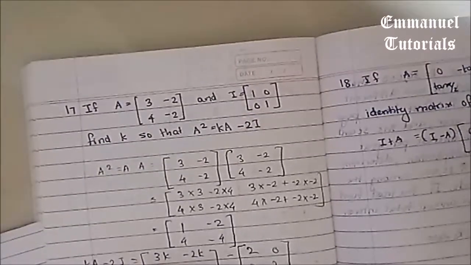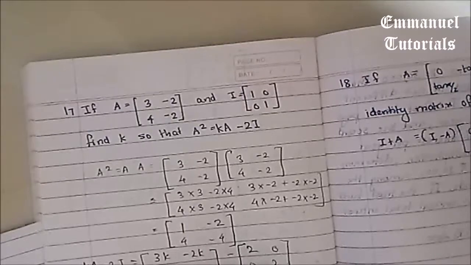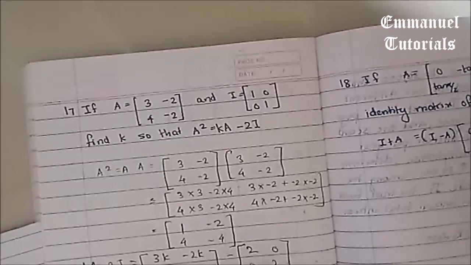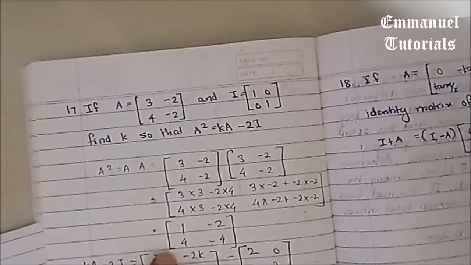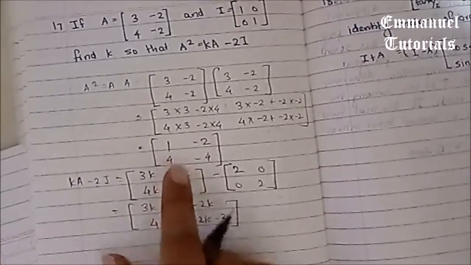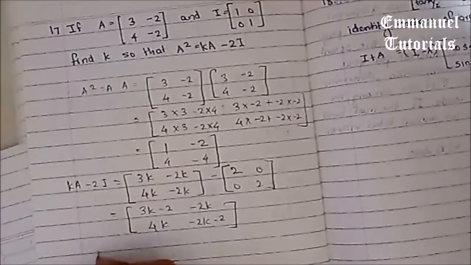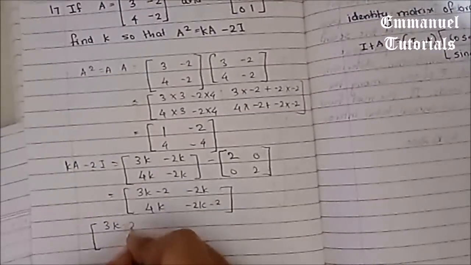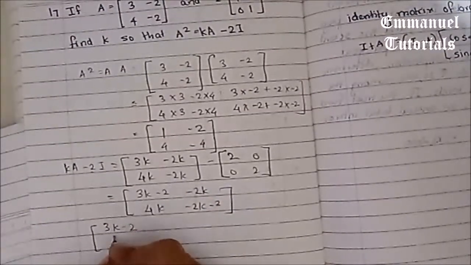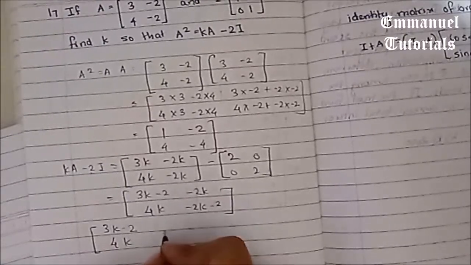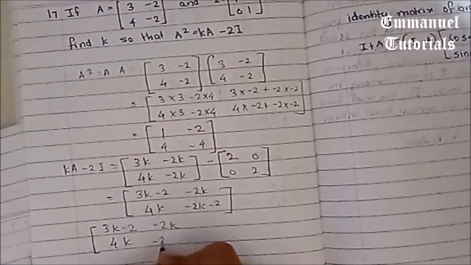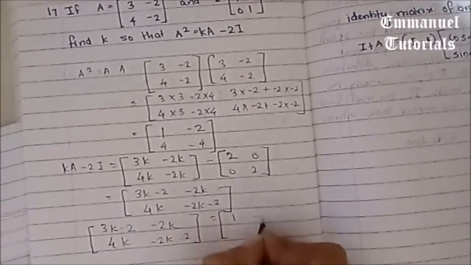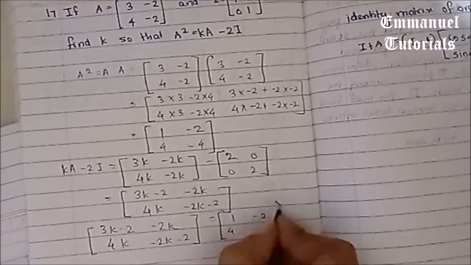This will be [3k minus 2, minus 2k; 4k, minus 2k minus 2]. Now we will equate this with this. So it will be [3k minus 2, minus 2k; 4k, minus 2k minus 2], which is equal to [1, minus 2; 4, minus 4].